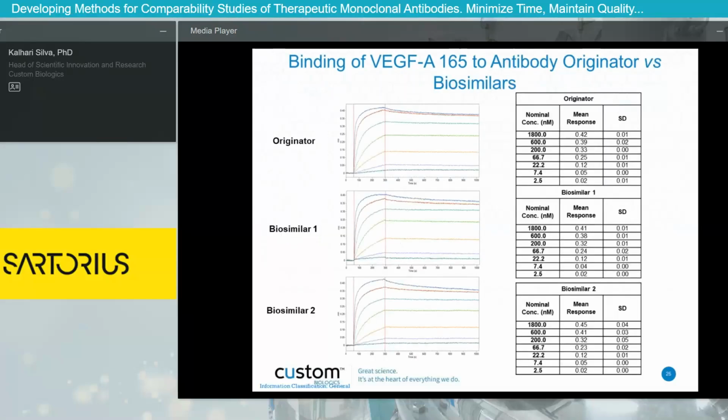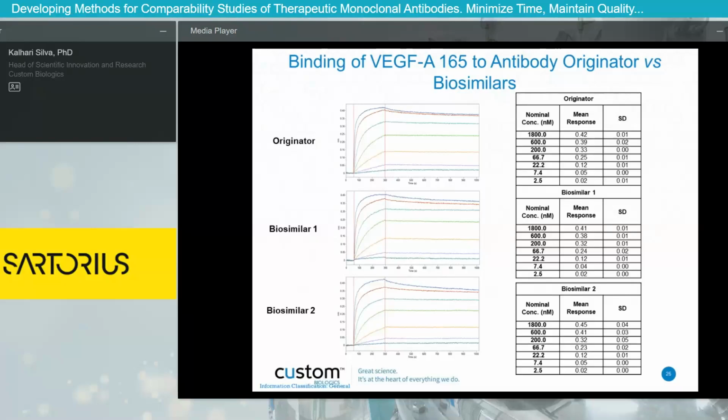Then the next task was to see how an antibody originator from the same company compares with biosimilars. Here an originator, biosimilar 1 and biosimilar 2 were used as the analytes. VEGF-A again was immobilized via amine coupling to AR2G sensors, and triplicate studies were performed. You can see that the binding sensorgrams are very similar to one another, and the mean responses were very similar.